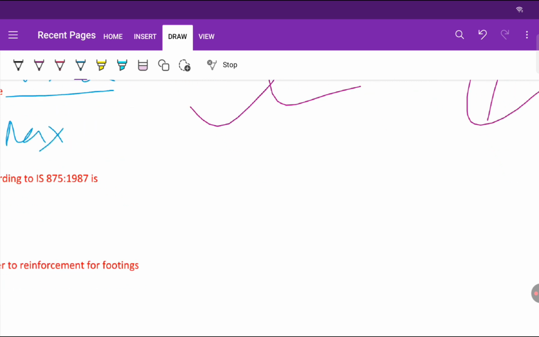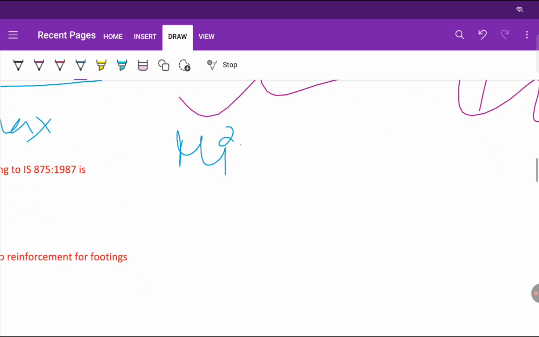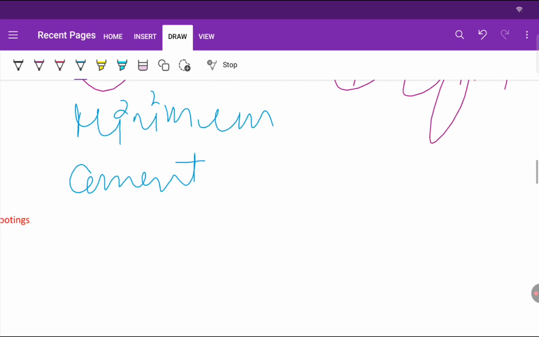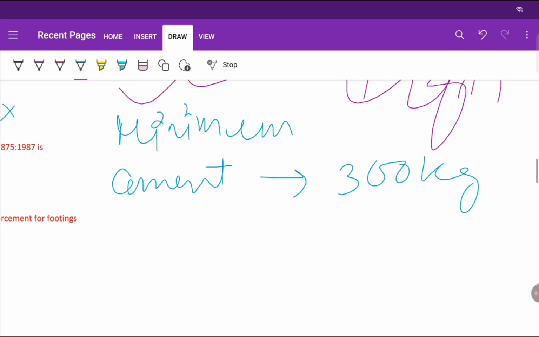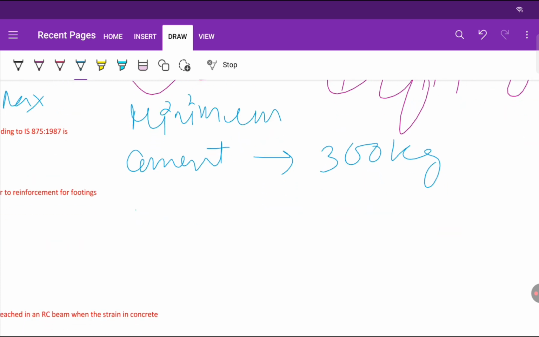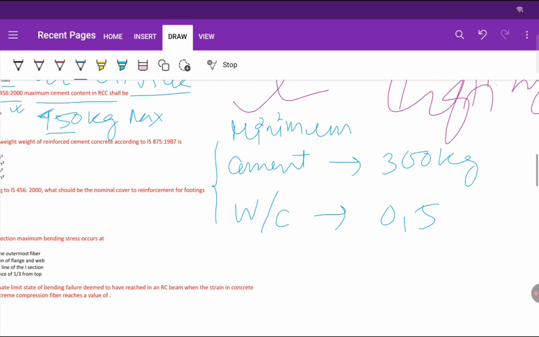If we talk about minimum cement content in RCC, it will be 300 kg, as per IS 456. Okay, as per IS 456, maximum water cement ratio is 0.5.